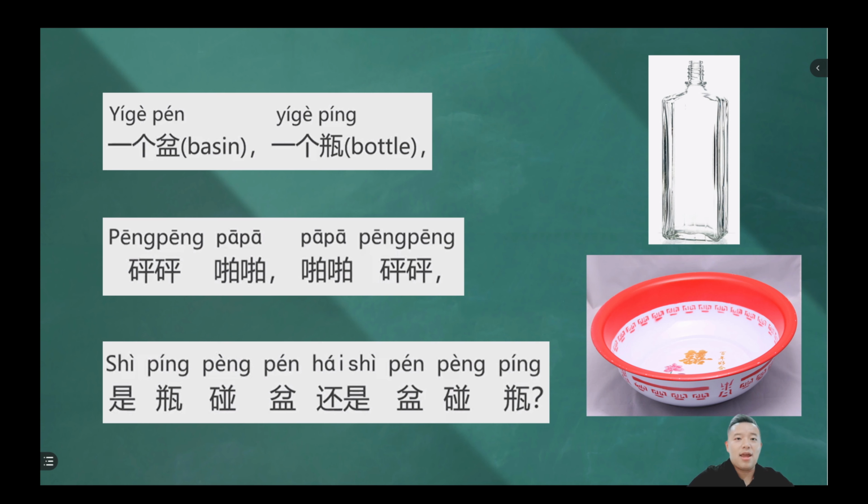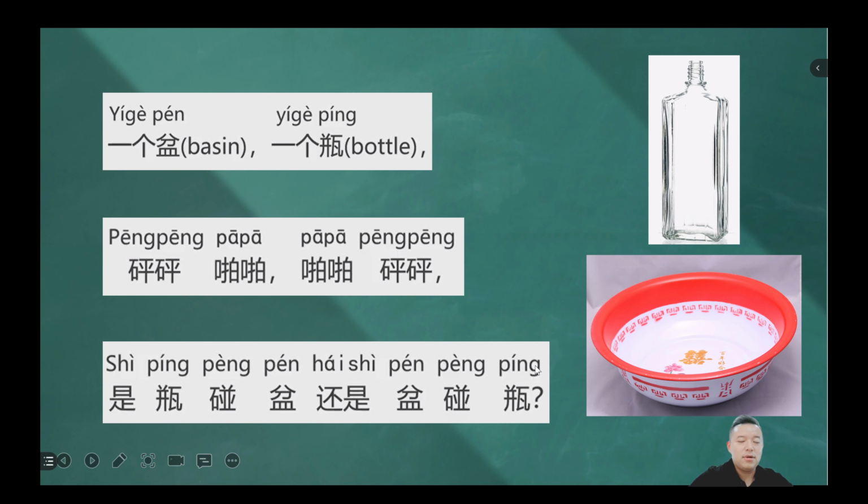Okay, now there's another tongue twister for you. Hope you like the challenge. Now, first, you please have a try. Press the pause button below, and then listen to my explanation. 一个盆，一个瓶，砰砰啪啪，啪啪砰砰，是瓶碰盆，还是盆碰瓶.